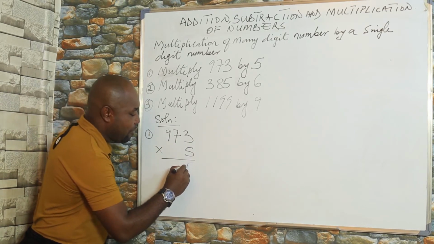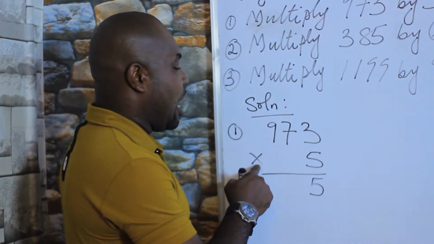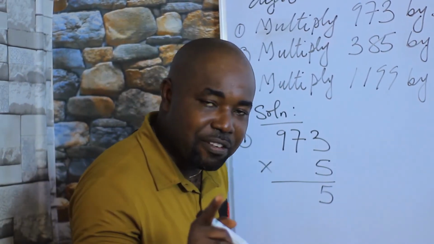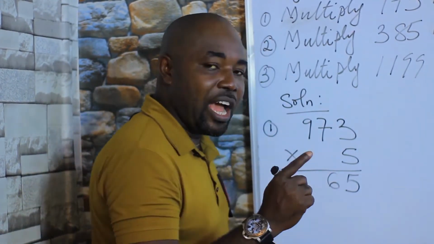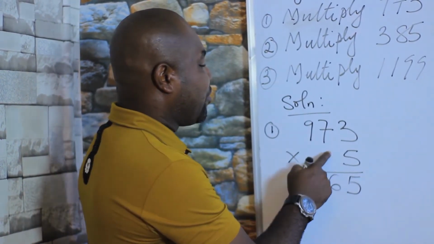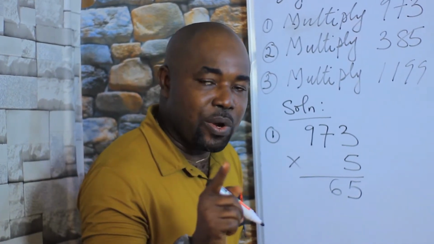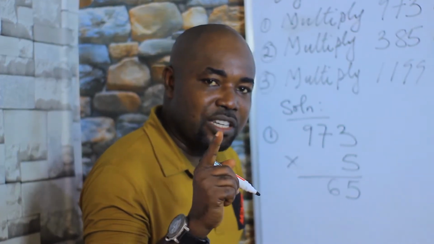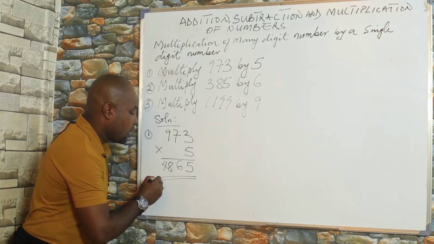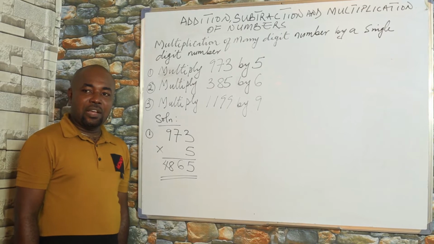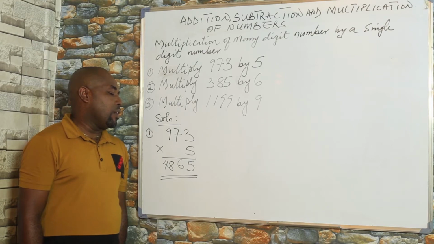We write 5, carry 1. 5 times 7 is 35. We add 1, 36. We write 6, we carry 3. 5 times 9 is 45. Plus the 3 we carry, it will give us 48. This is our answer. This is the product of 973 and 5.